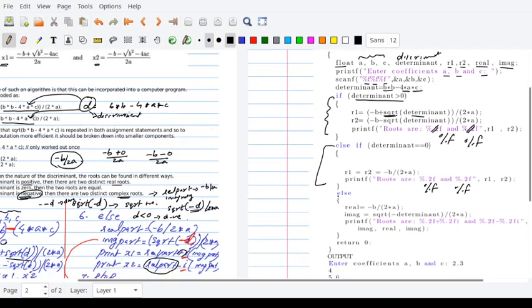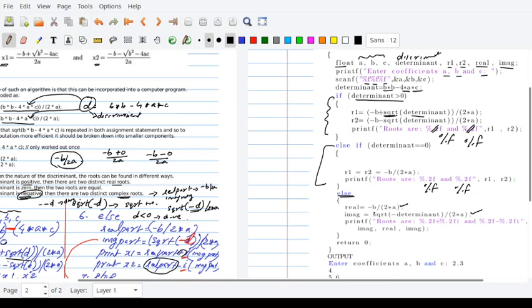Now else, this else means what? It is not greater than 0, it is not equal to 0. That means your discriminant is less than 0, that is, it is negative. In that case, you will have to find out the real part and imaginary part separately.